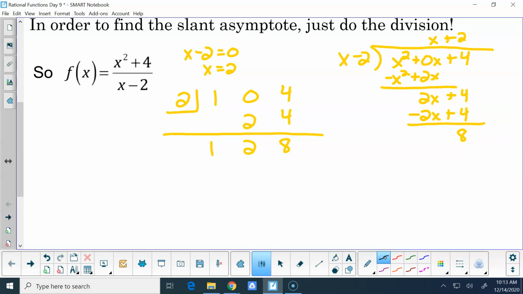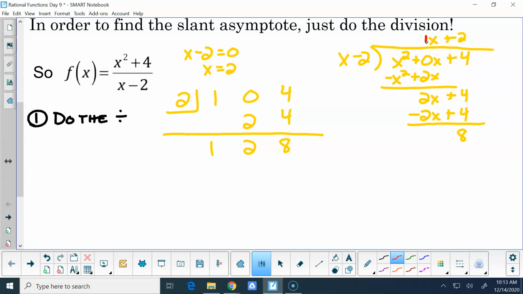So the first step in finding slant asymptotes is to do the division. And you can do that division either synthetically or long division. You see you get the same thing. The 1, so here's the 1, there's the 2, and the remainder is 8.